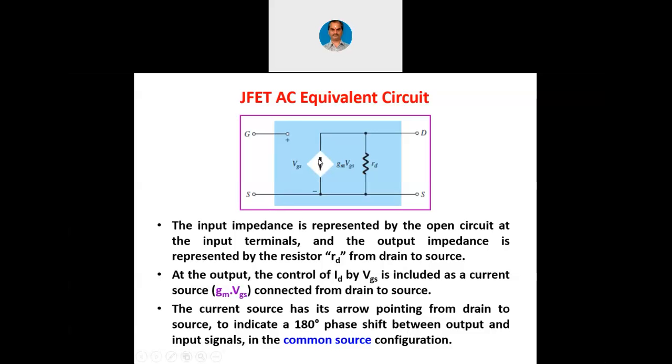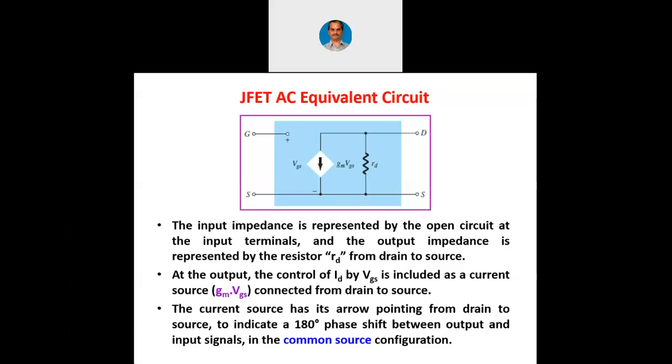And here we are discussing only the common source configuration. We are not going to discuss the common drain configuration as such, because we had already done it with BJT. The same things hold good in the case of JFET as well. And this fact also I had told you yesterday.